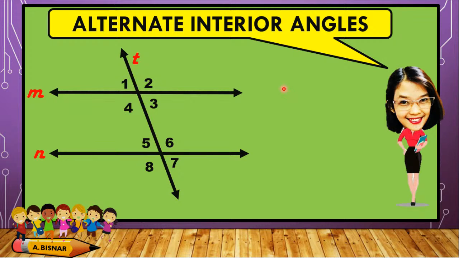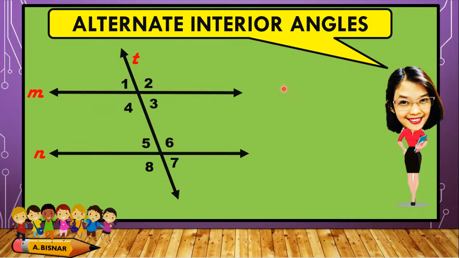Now, let's try to include alternate interior angles. So, we'll use that. It's very important that you know the definition or what is meant by the given word. As we all know, we're using English language in teaching mathematics.